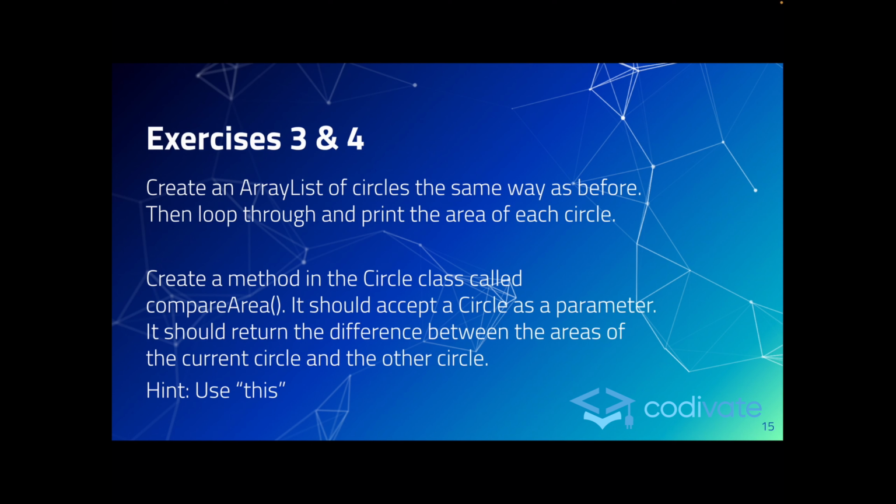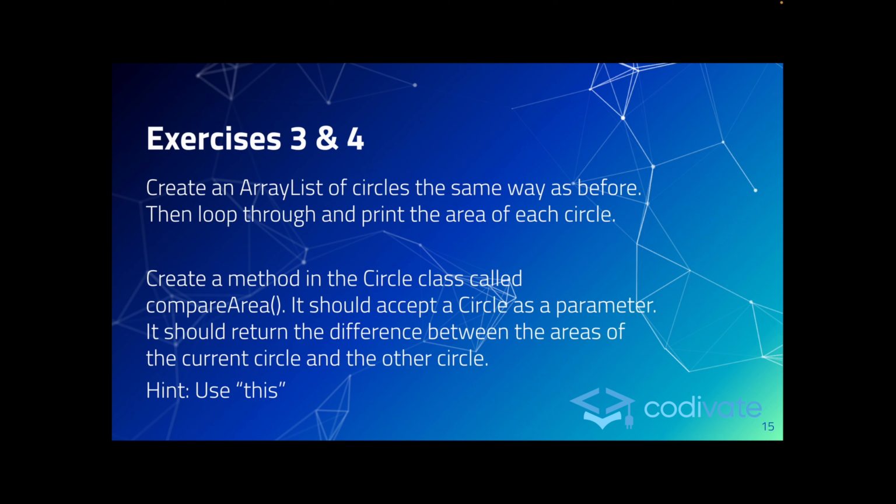Then create a method in the Circle class called compareArea. This should accept a circle as a parameter, and it should return the difference between the areas of the circle that you applied the method on and the circle that was accepted as a parameter. As a hint, you should use the keyword this to use the current instance that you're using.